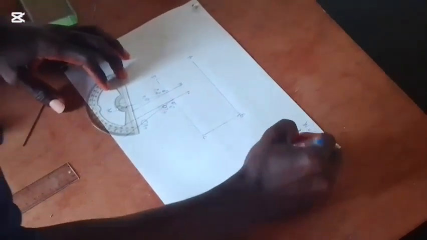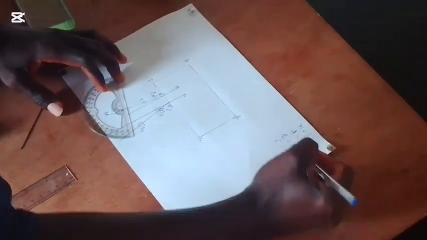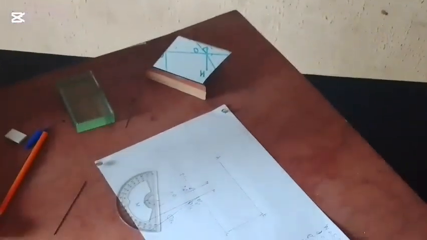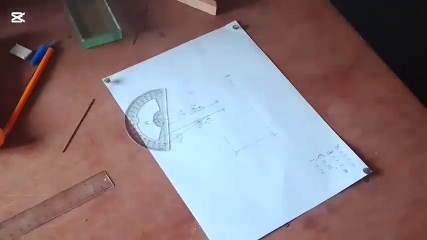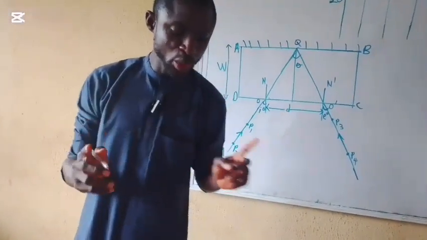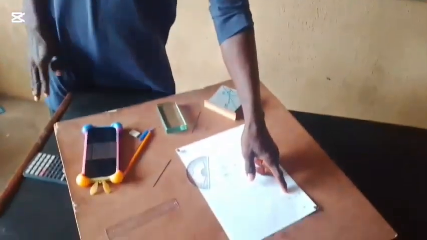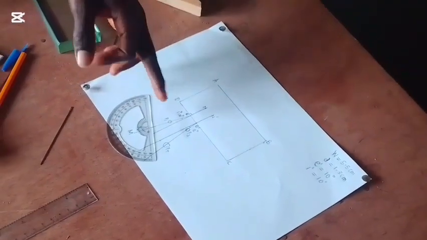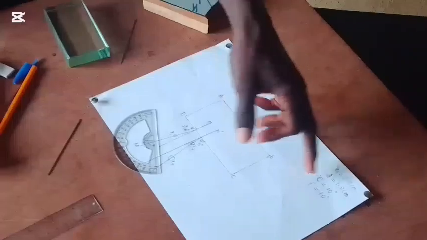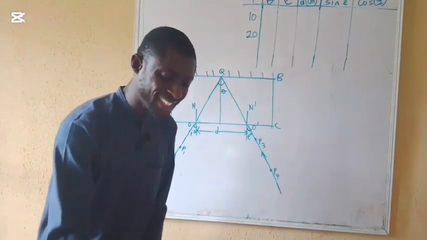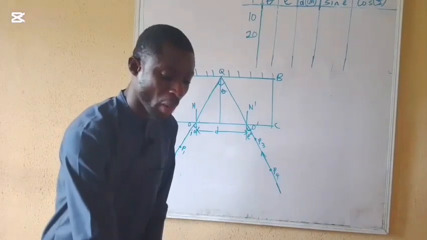And you know that our height is also 10 degree. So this is the technique that I want to show you in this experiment. Your height must be equal to your E. So if my height is 10, when I measure my E it is also 10. Your angle of incidence is always equal to our what?